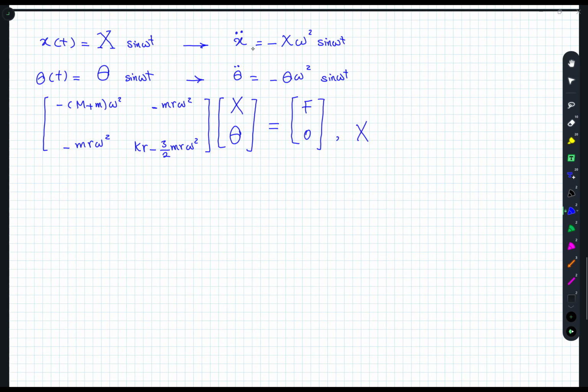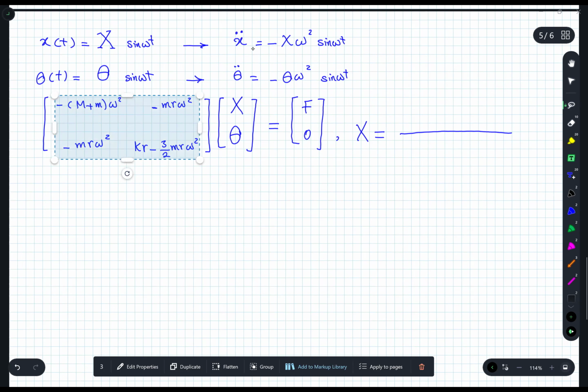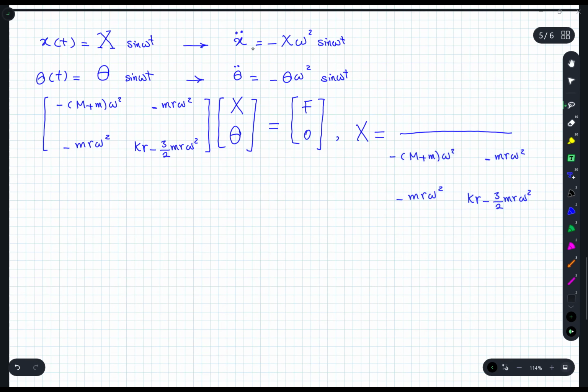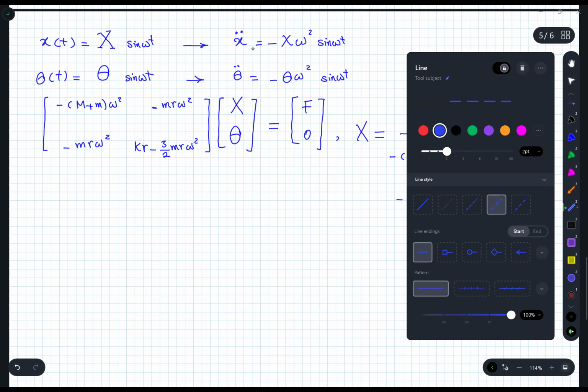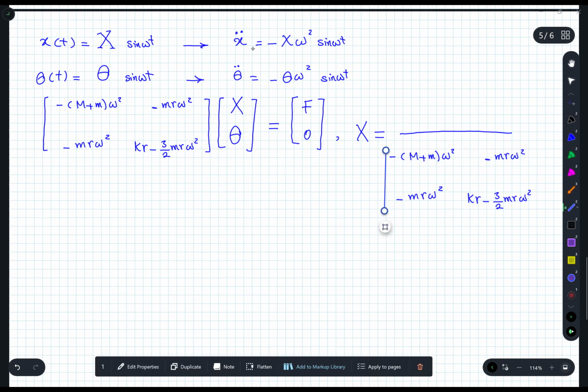The response X is the determinant of the entire thing here. I'm just going to be lazy and copy that one there. All right. Determinant of that part. So let's just put the determinant here.